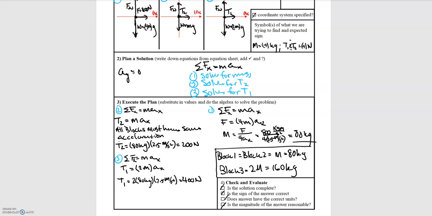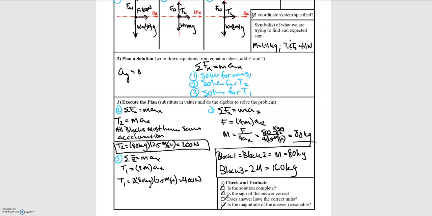The acceleration for that first block is the same as the acceleration for all the other blocks, which is the same for the overall system because they are moving together. So the acceleration for block 1 is 2.5 meters per second squared. And so we end up with a tension of 200 newtons.